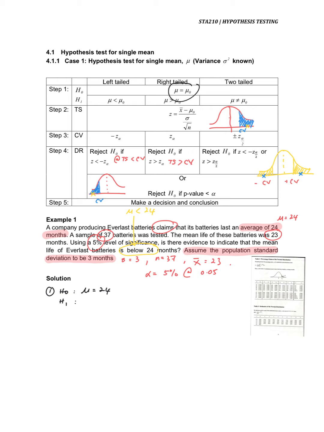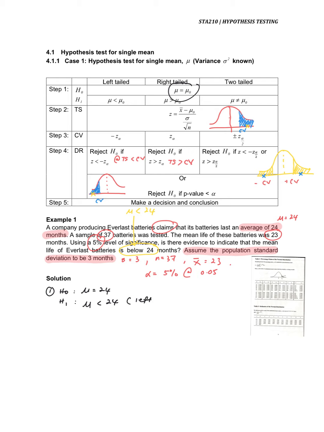The H0 will be only one, and we use the equal symbol. Then our H1, since it said we want to test whether the Everlast battery is below 24 months, meaning we want to test whether mu is less than 24. You can write here that this is a left tail. Why left tail? Because it said below 24 months. So write it down in advance.